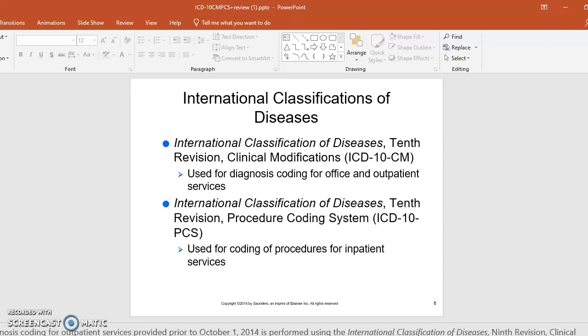Then we have ICD-10, which we use for office and outpatient services. We also use ICD-10-PCS for procedures, just for inpatient services.